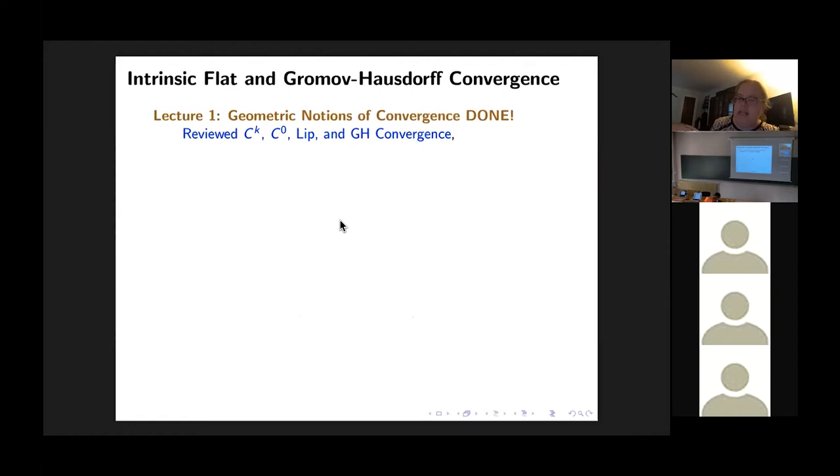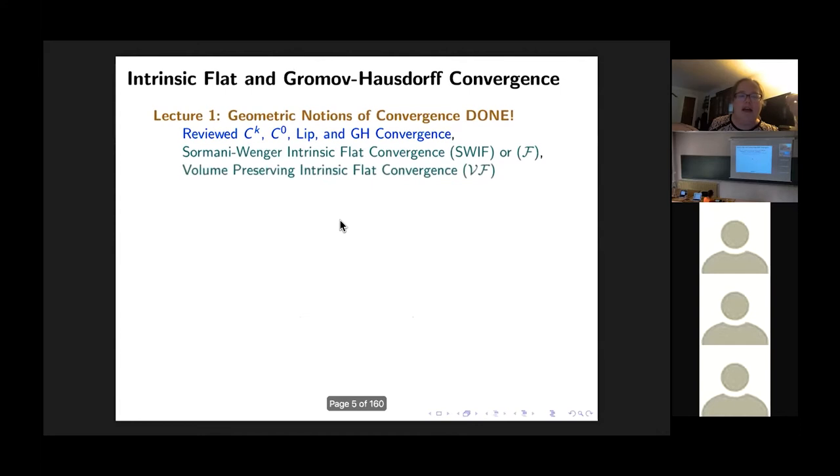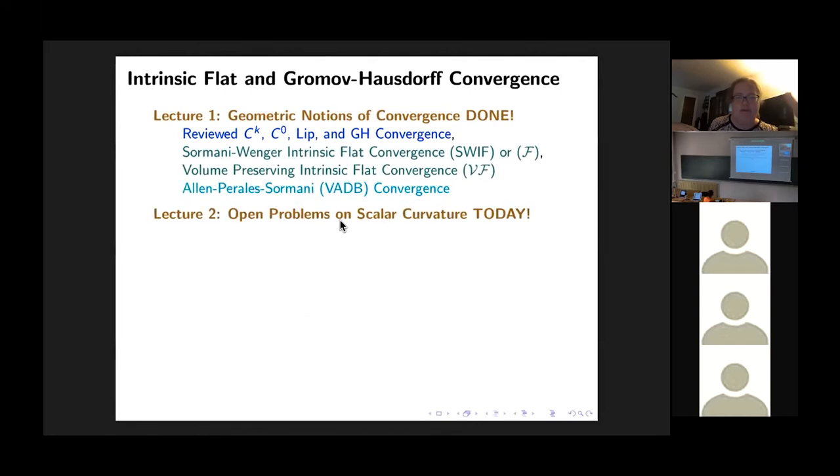We reviewed C^k, C^0, Lipschitz and Gromov-Hausdorff convergence, the Sormani-Wenger intrinsic flat convergence, which has two different notations, SWIF or a fancy F, and volume-preserving intrinsic flat convergence. And then we also mentioned the Allen-Perales-Sormani notion of volume above and distance below convergence, which we'll discuss further today. Again, many of the open problems consider these last two notions of convergence, so I'll review them some more.